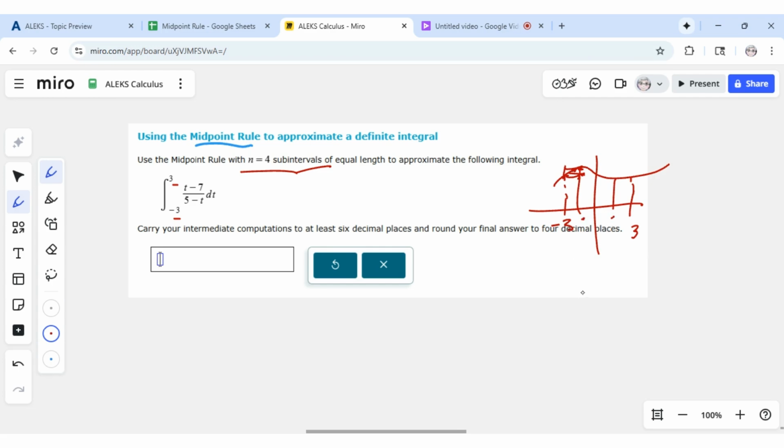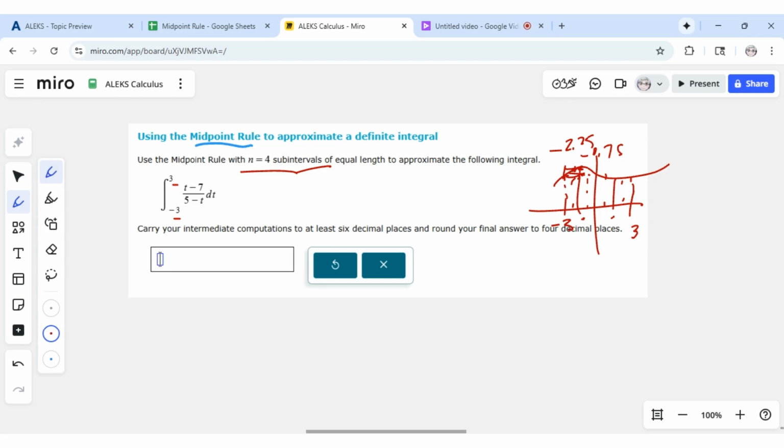Here's the point +1.5. The midpoints then of these rectangles, well, halfway between -3 and -1.5 is -2.25. Halfway between -1.5 and 0 is -0.75. And then we're going to have a mirror image of that on the other side.